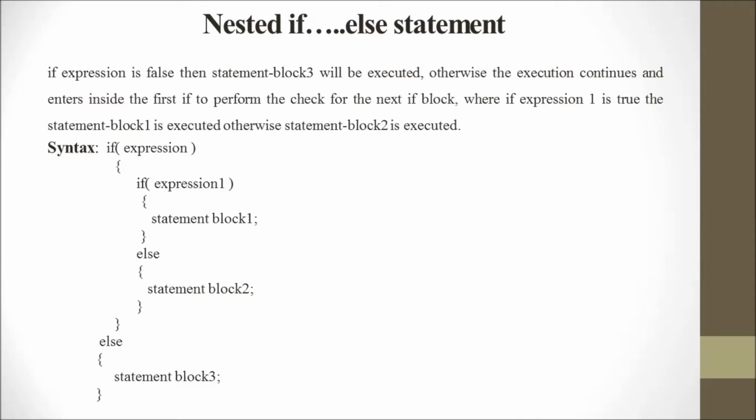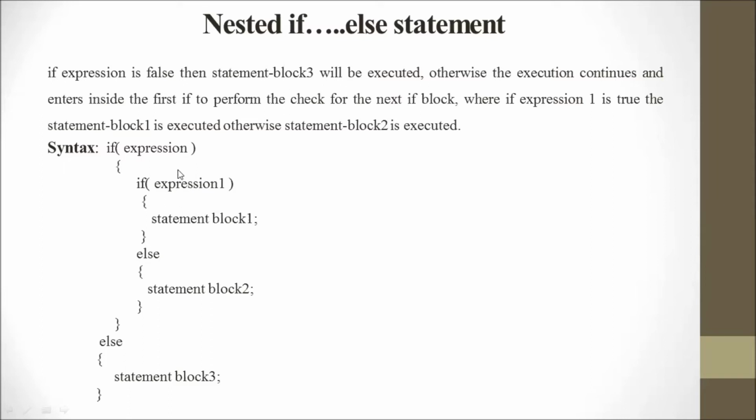Here, if in the if part this condition is true, the control passes inside the if expression, that is, into the nested if. The expression will be checked inside the if condition. If this expression is true, block 1 is executed.